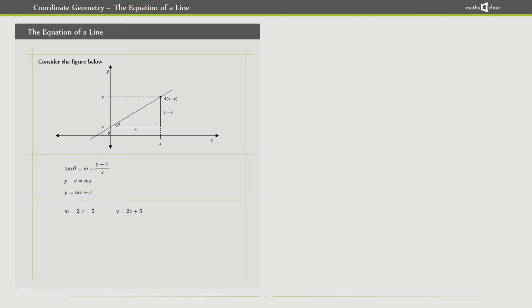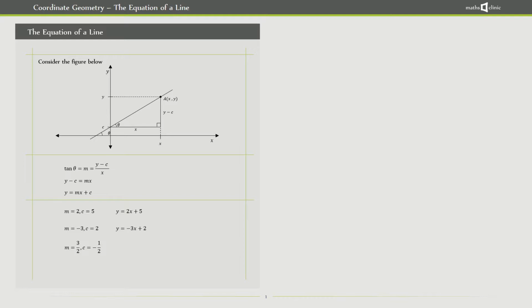You basically have that the equation of that line is y equals 2x plus 5. Sometimes you're given m equals minus 3 and c equals 2, and you have that the equation of this line is y equals mx plus c, i.e. y equals minus 3x plus 2.